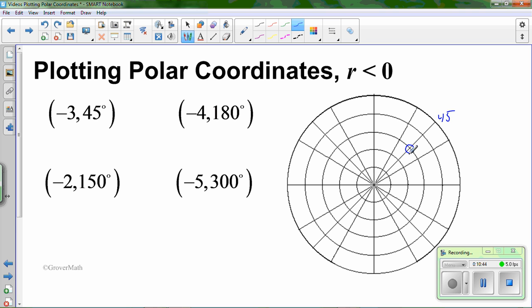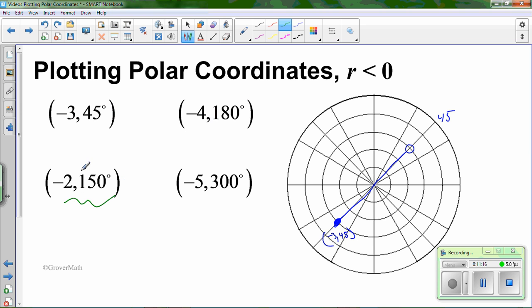But I'm not. When r is negative, you actually end up in the opposite quadrant. So what that means is, if I kind of trace this line back, I end up here. This is the point negative 3, 45.